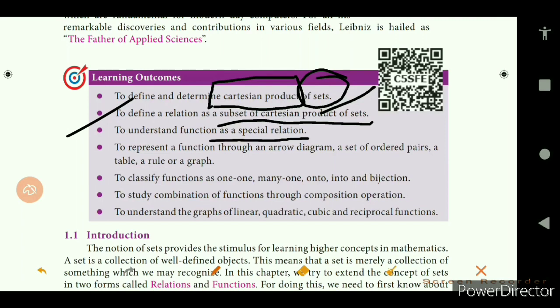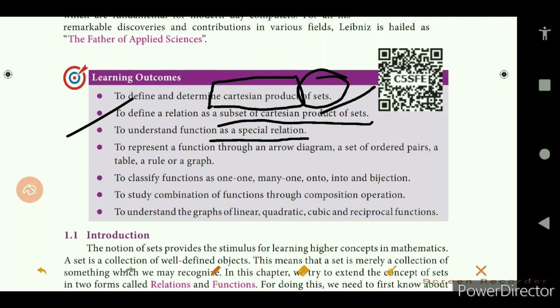So in which way are we representing the function? In four ways. The first one is an arrow diagram, the second is a set of ordered pairs, the third one is a table form, and the fourth is a rule or a graph method.